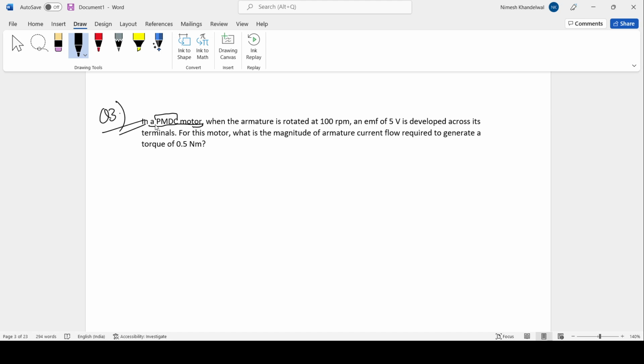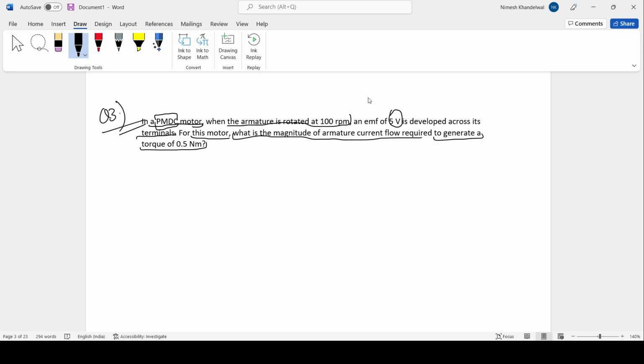In a PMDC motor, if the armature is rotated at 100 RPM, an EMF of 5 volt is developed across its terminals. It is similar to what we did in the last question. Now for this motor, we want to know the magnitude of armature current required to generate a torque of 0.5 Newton meter.